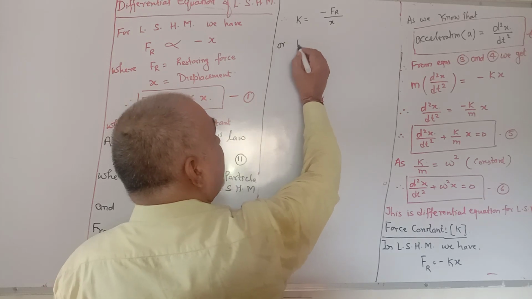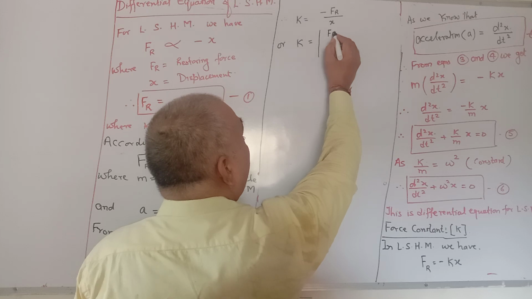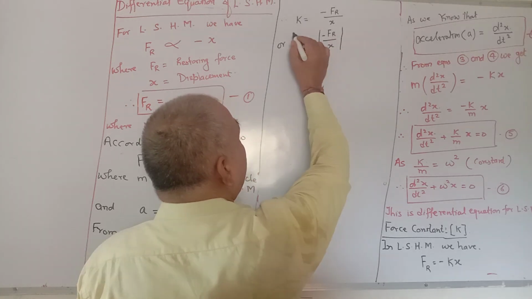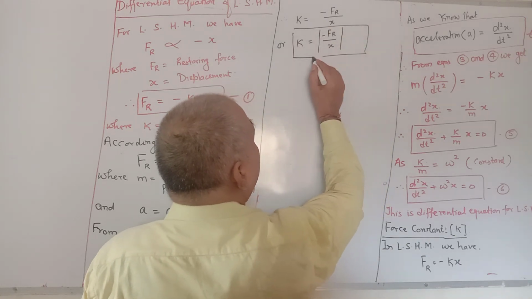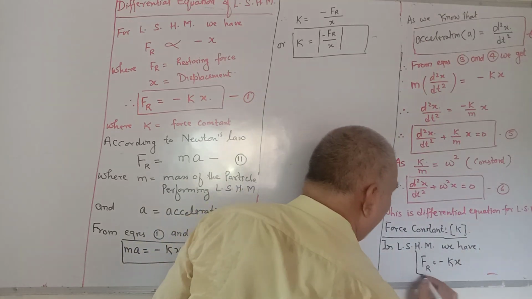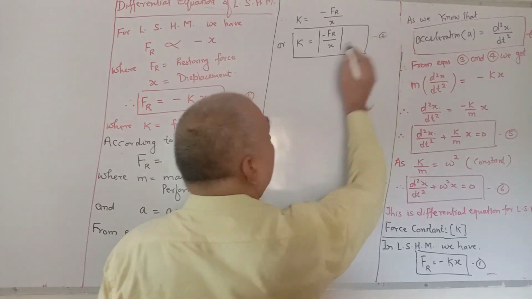Or you can write k is equal to the magnitude of Fr upon x, if we are taking the magnitude. This you can take as equation number 1 and this as equation number 2.